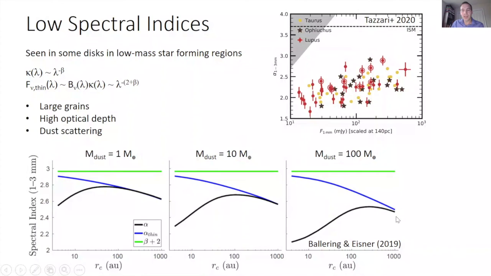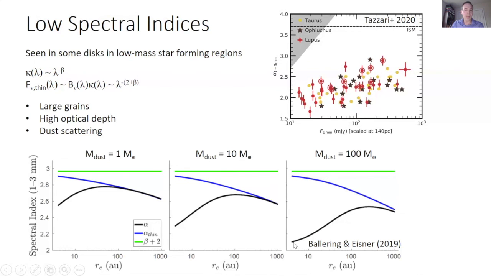But what you actually see from the radiative transfer simulations is shown in these black lines. As you go to smaller disk sizes, especially for larger disk masses, you can see a large deviation from that expectation, and that's due to the disks being more optically thick.